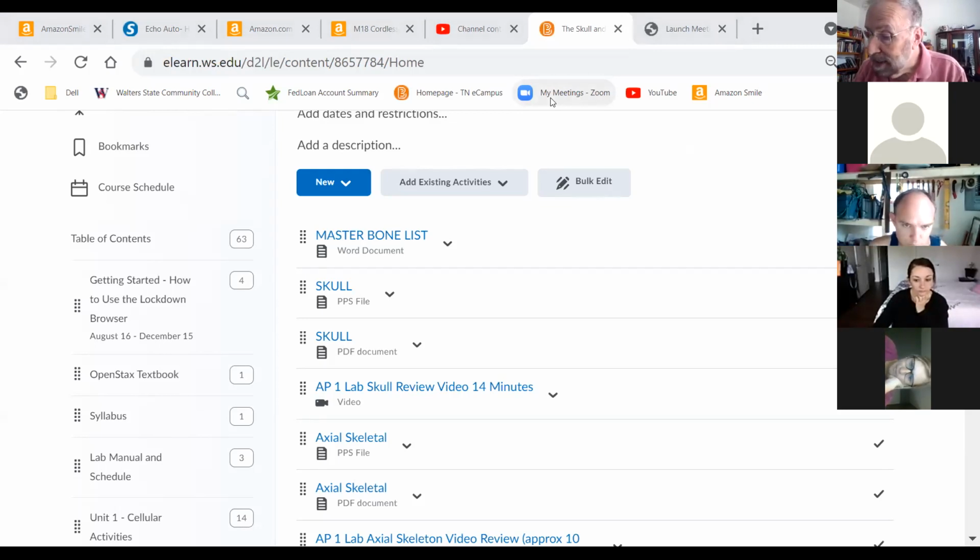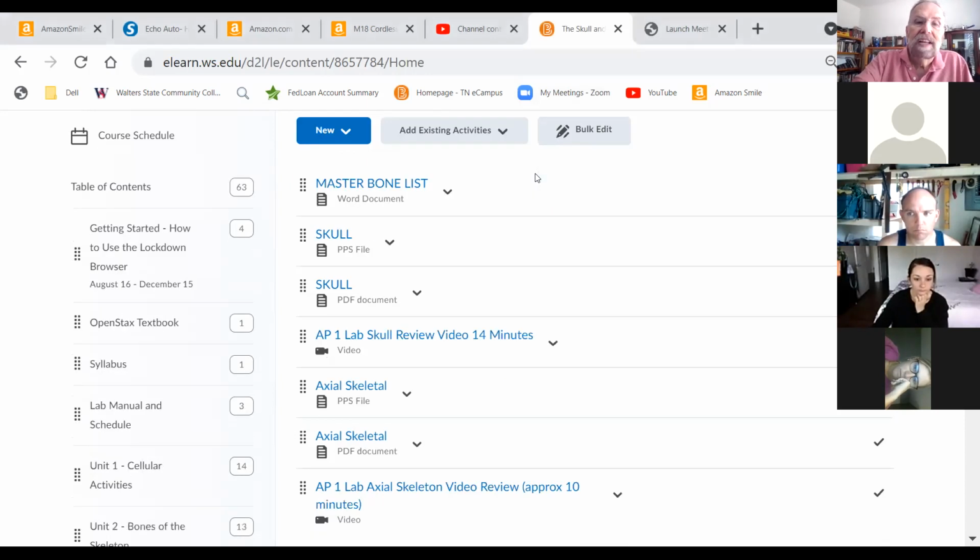It's a good place to review, because it has all 206 bones plus all the articulations. Articulations are where bones come together, plus all the openings in the bones, plus the processes, the bulges on the bones that go up and down or side to side, the flat areas, the irregular areas, and things like that. So it's the master list.